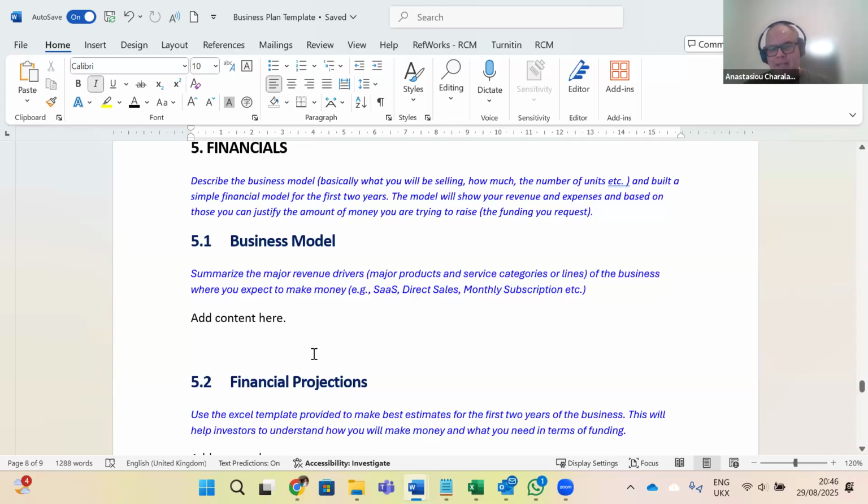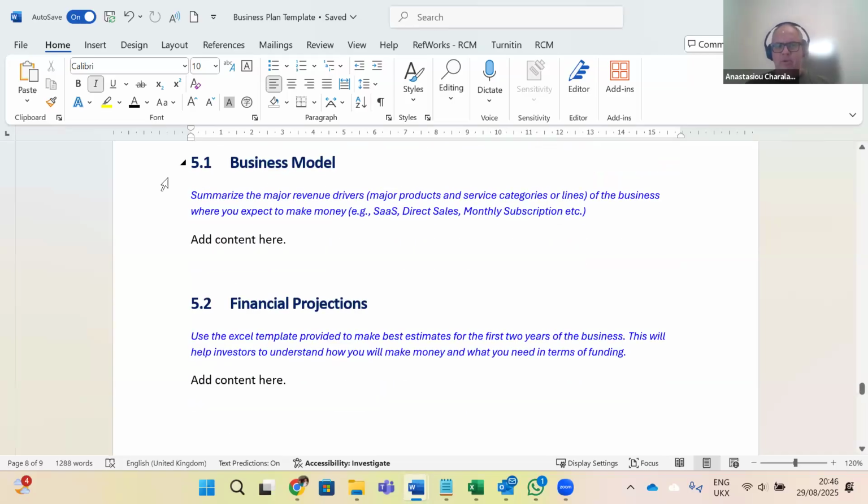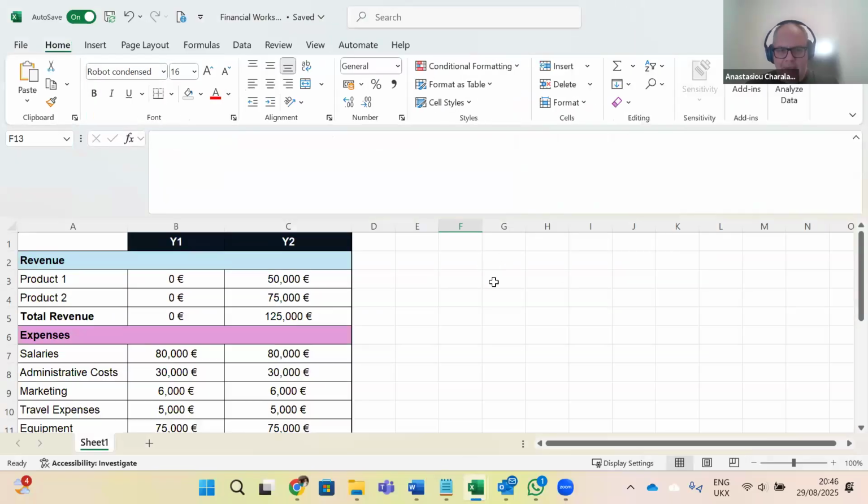Okay. Then the second one, which actually builds on 5.1, is financial projections. They are typically given in the form of a table, and maybe I'll bring it here. Typically, it's done for 5 years, but I just want to do it for 2 years, okay? And I'll just show you what it is. It's nothing very complex. This can actually be very, very complicated and have many more items added to it.